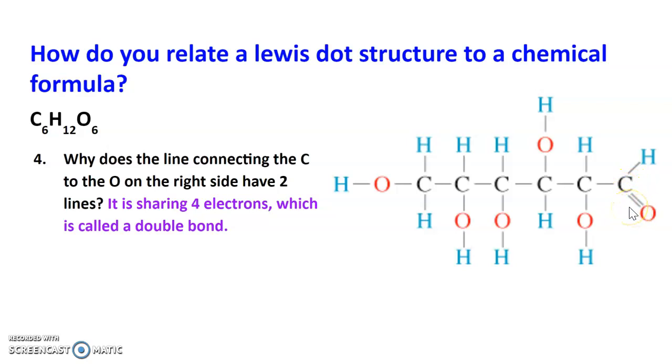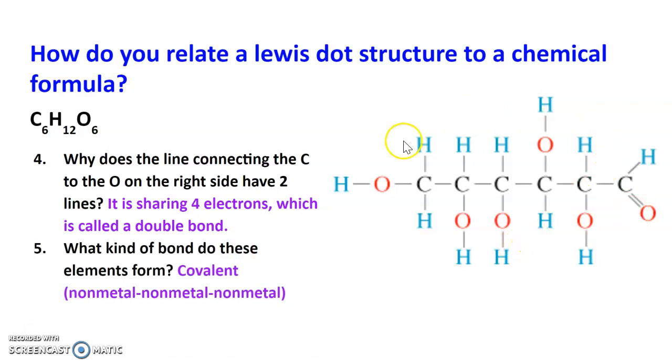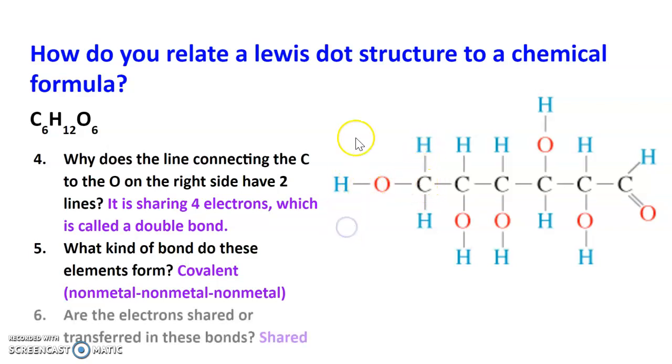Which actually means it's a really, really strong bond because it's connected with two lines and not just one, so it's stronger. All of these bonds are covalent because all of these elements are nonmetals. So hydrogen to oxygen is covalent, oxygen to carbon is covalent, and hydrogen to carbon is covalent.